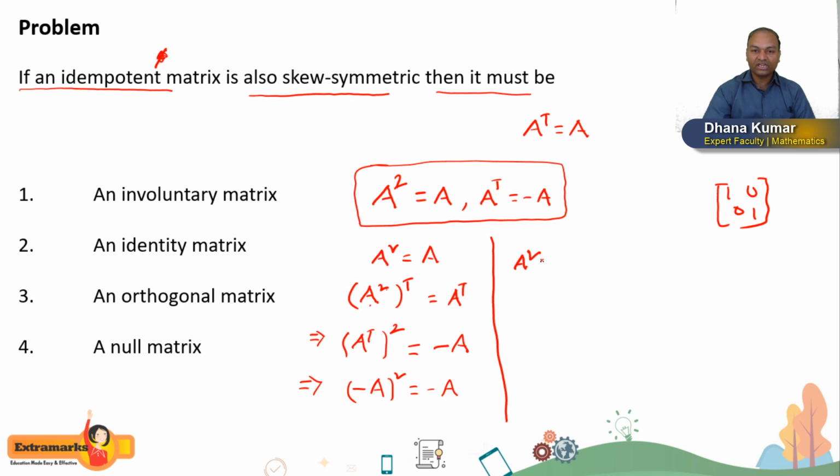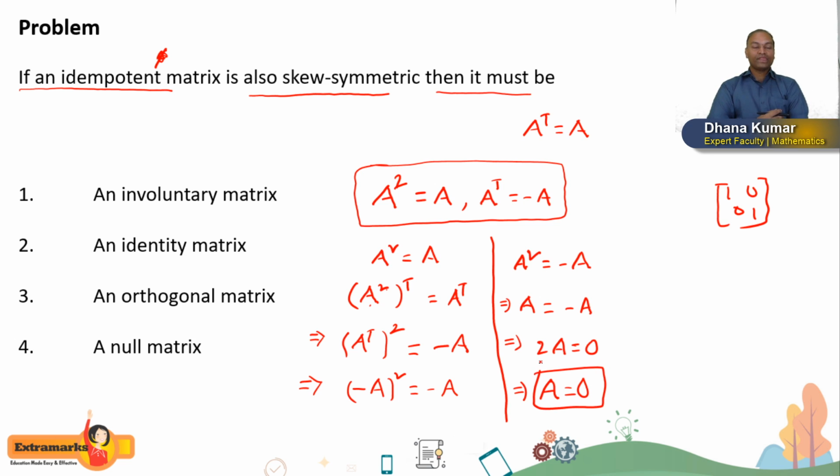A square is equal to minus A. But A square is A only. So A is equal to minus A. Minus A, shift this side, plus A: A plus A, 2A, is equal to null matrix. So A also is a null matrix.